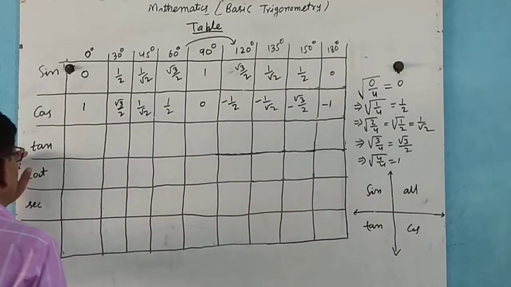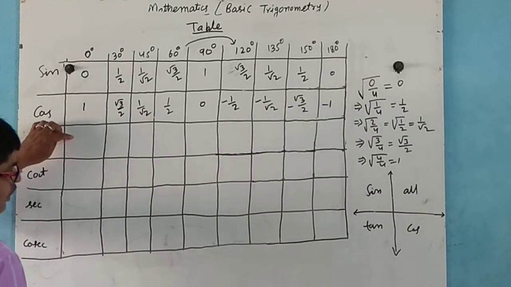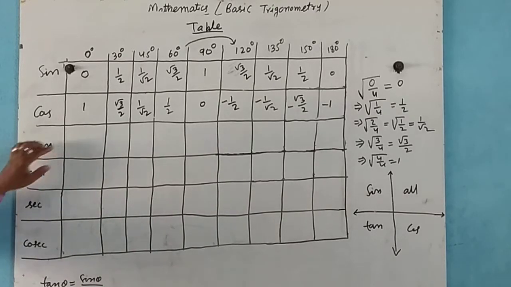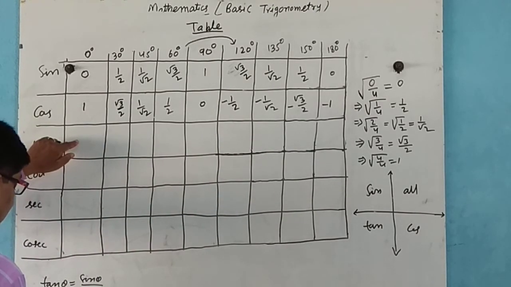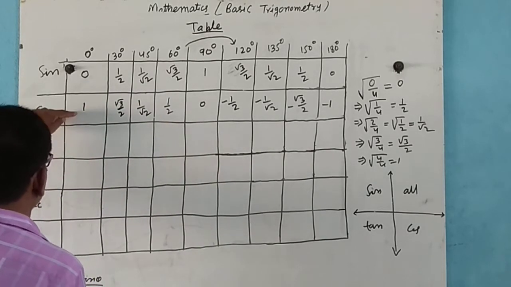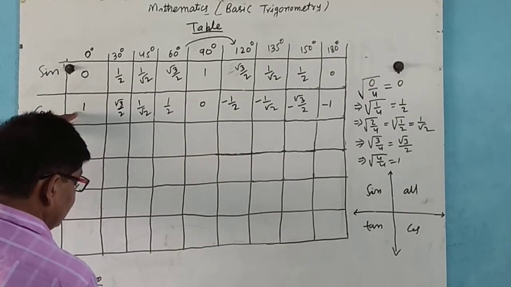Now tan 0 degree, as you know that tan theta equal to what? Tan theta equals sin theta divided by cos theta. Tan 0 degree is sin 0 degree divided by cos 0 degree. Sin 0 degree is 0 divided by cos 0 degree 1, that is equal to 0.